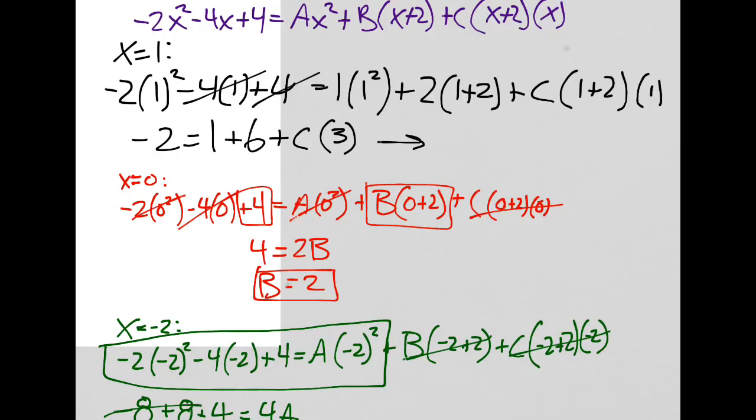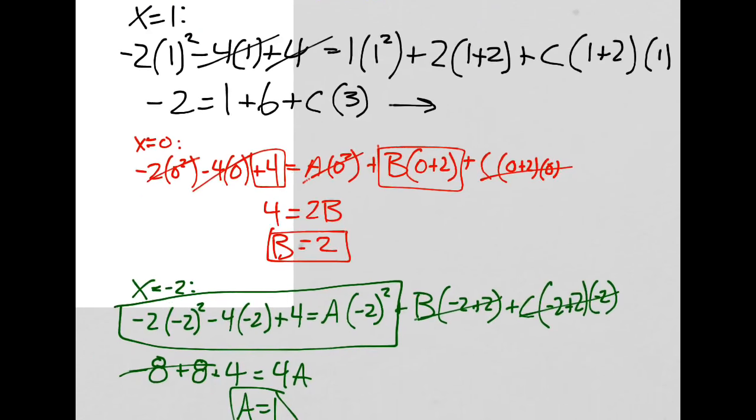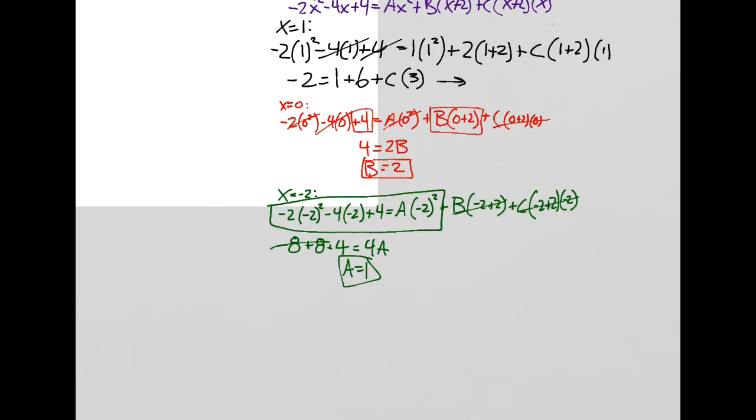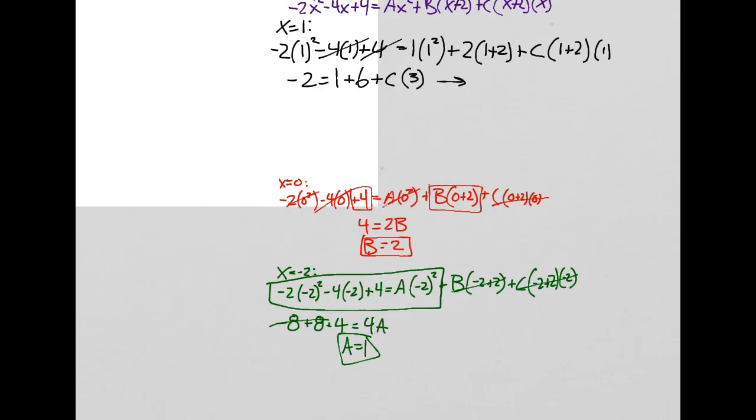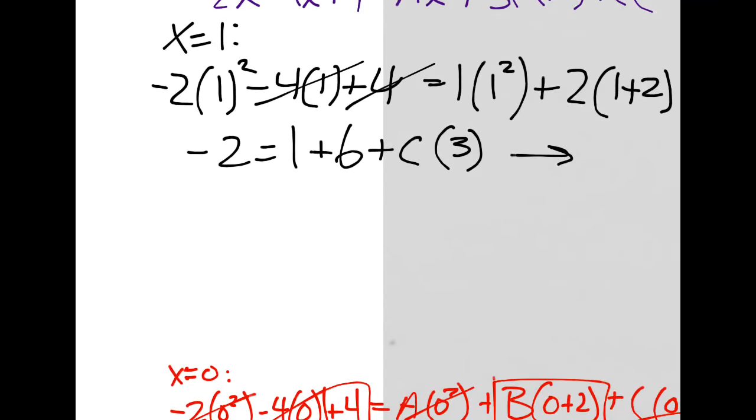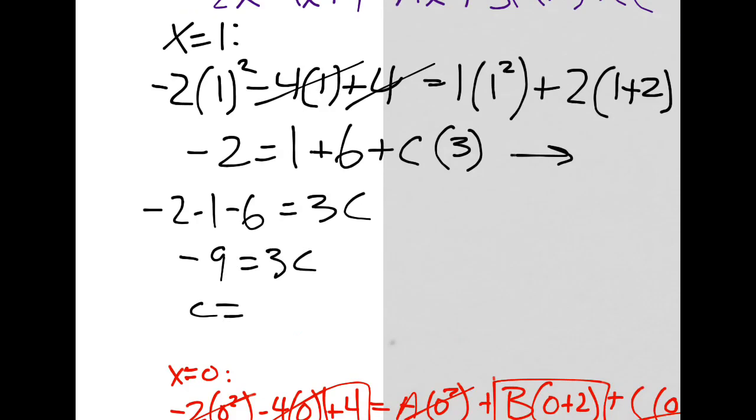And let's solve this now for c. Give myself some more room. Move this down once more. Here we go, solving for c. -2, subtract that 1, subtract that 6, equals 3c. So -2 minus 1 is -3, minus 6 is -9, equals 3c, so c equals -3.